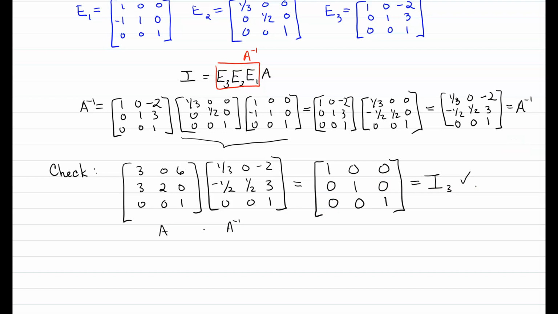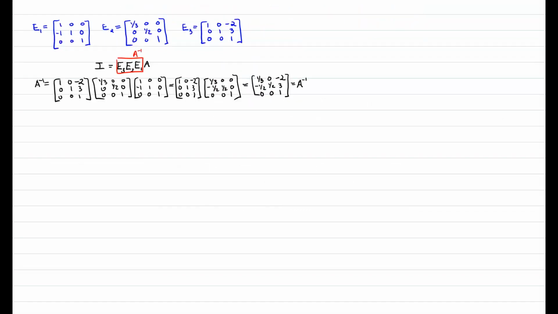Now I want to show you a shortcut of sorts to allow you to compute the inverse of a matrix. And I think I'll just keep using this same example so that we can see how it's working. Okay, I've just copied some of the work from our previous page so that we can reference it when we're doing our next work to see how this shortcut works. So here's the idea.